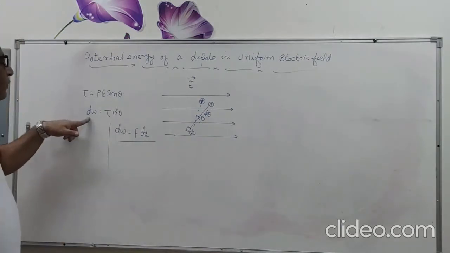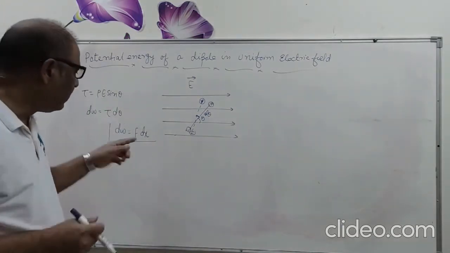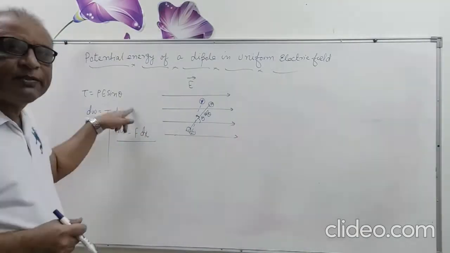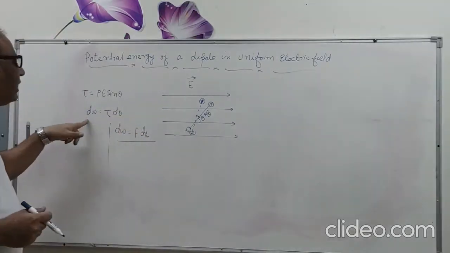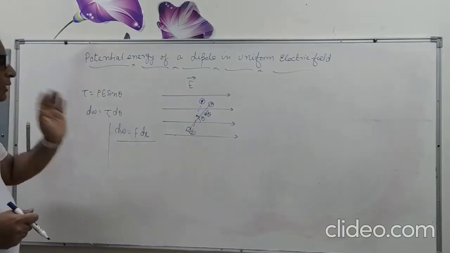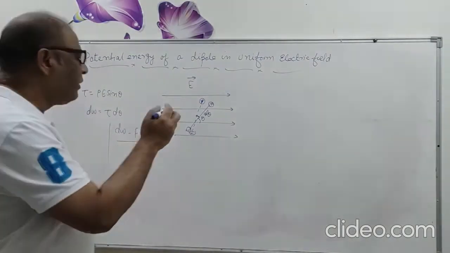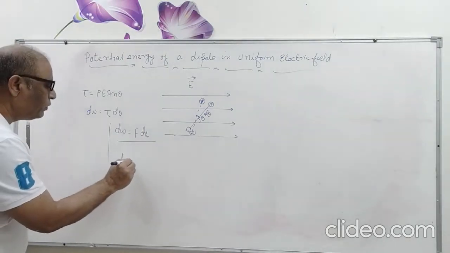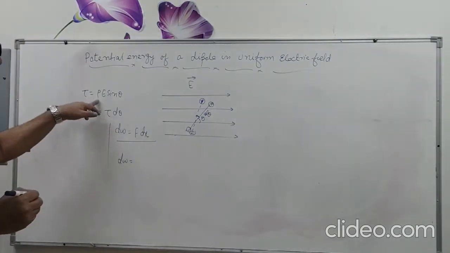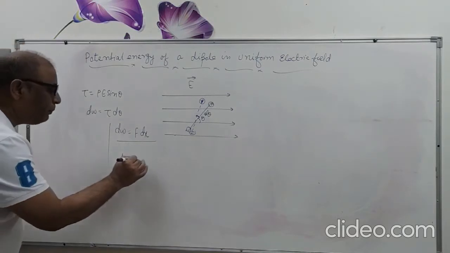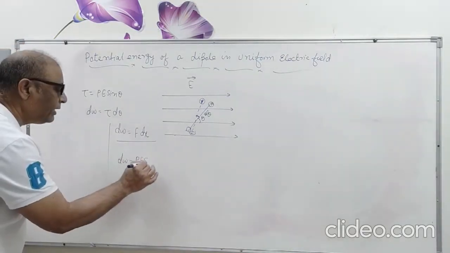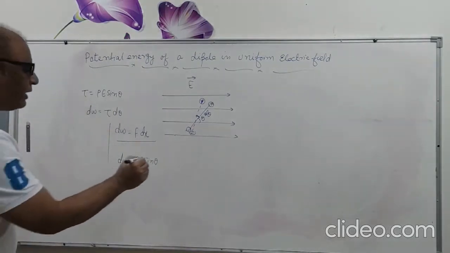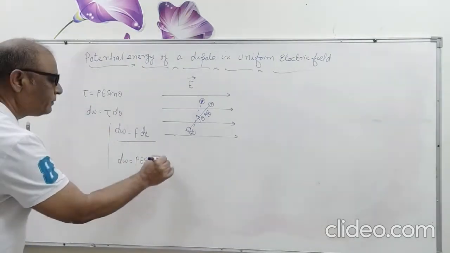But in rotational motion, F is replaced by torque and dx by d theta. So dW is equal to torque times d theta. Now put in the value of torque: dW equals PE sin theta d theta.